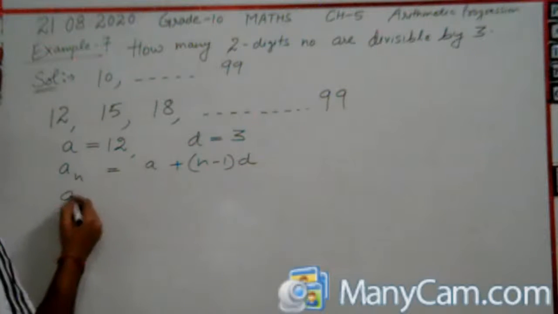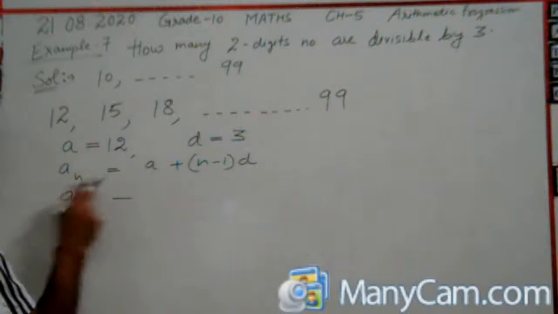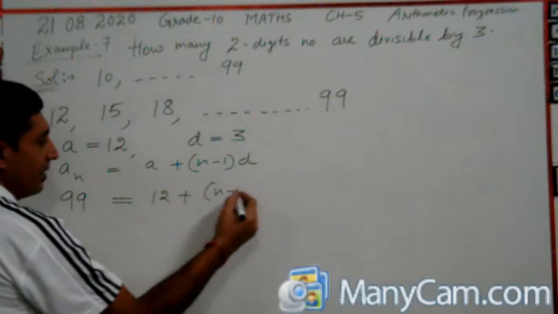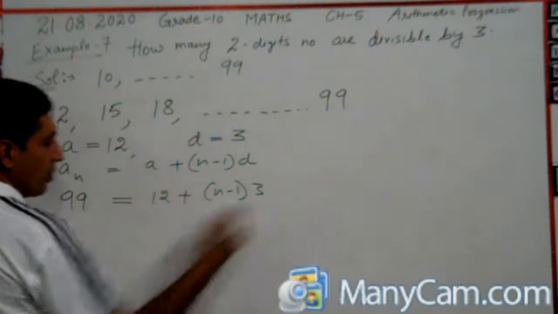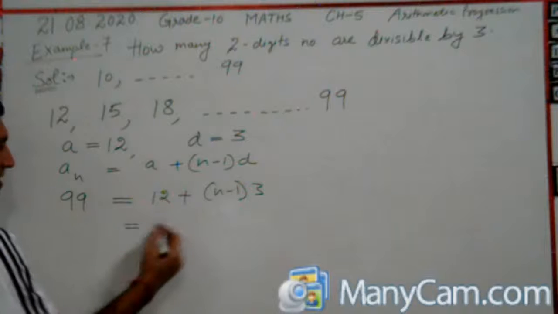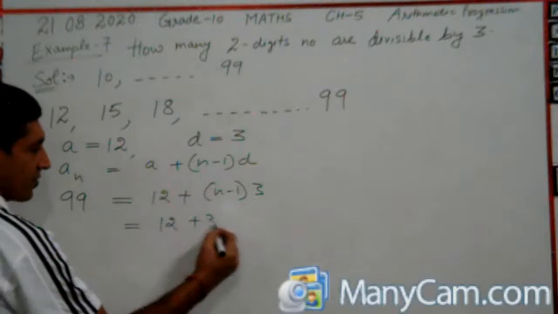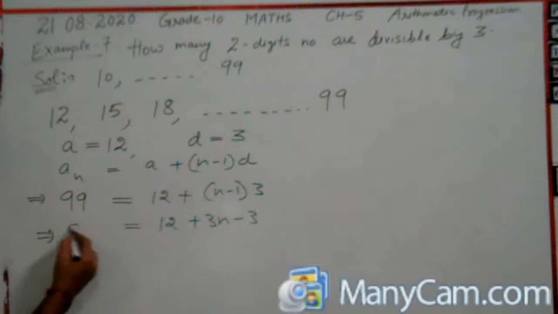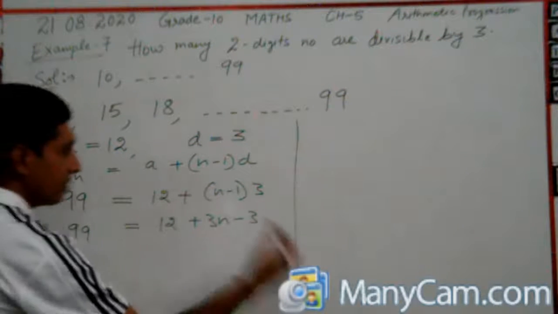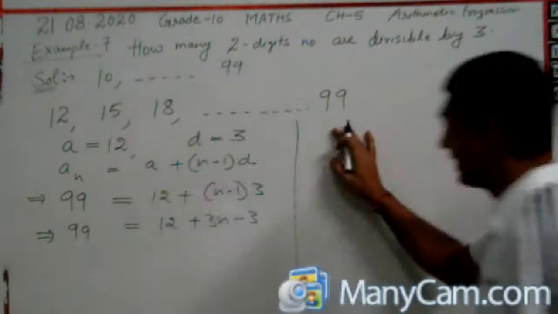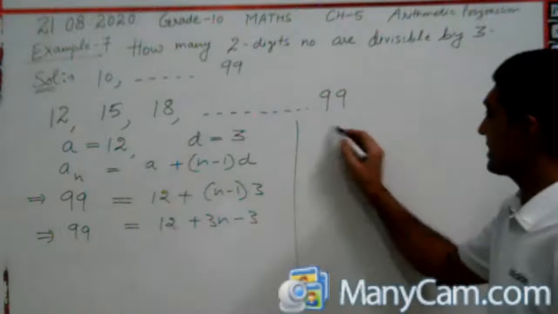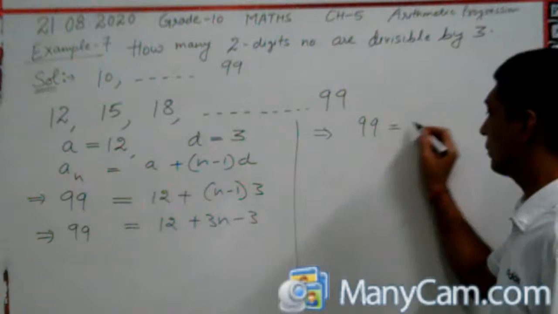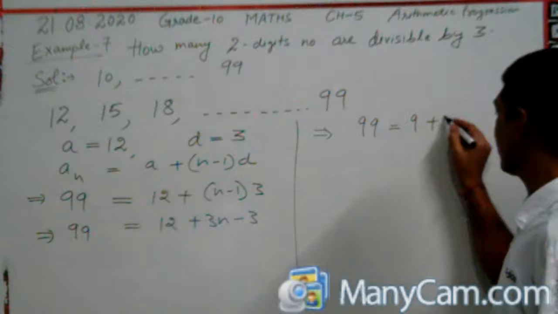Here an is 99, a is 12, and n we will come to know by solving the equation. 99 equals 12 plus 3n minus 3, so 99 equals 9 plus 3n.